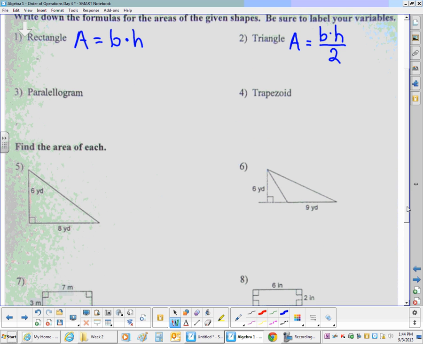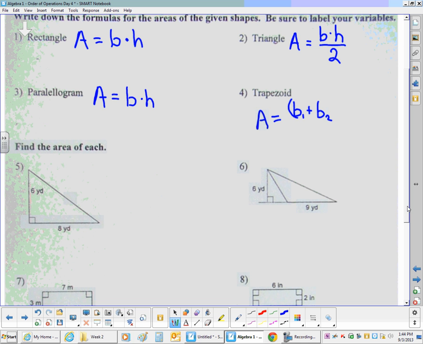The next one is the area of a parallelogram. The area of a parallelogram is actually the same formula as the area for a rectangle. Area equals base times height. And finally, the area of a trapezoid equals B1 plus B2.